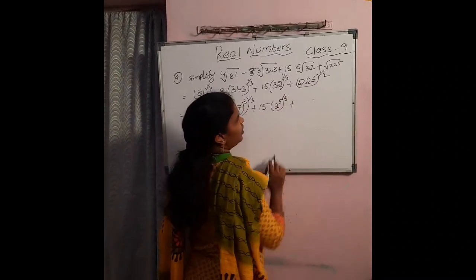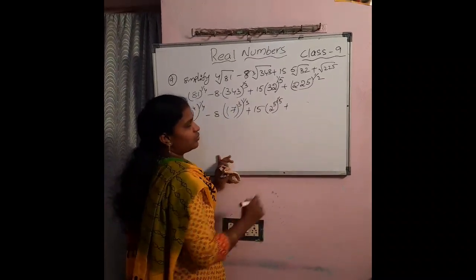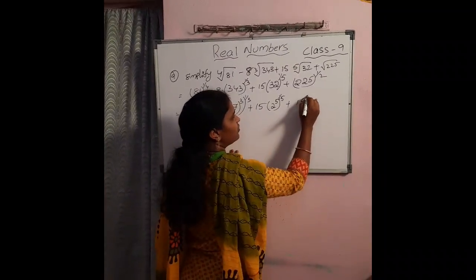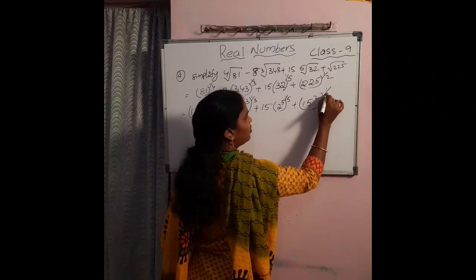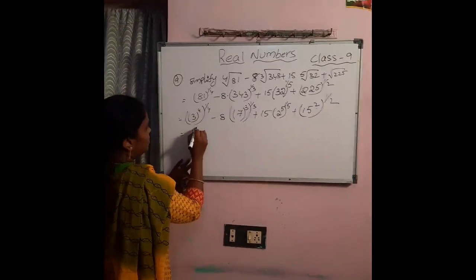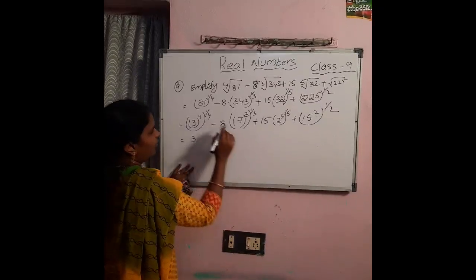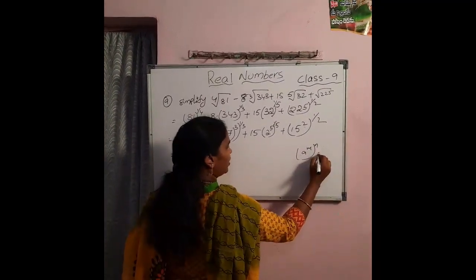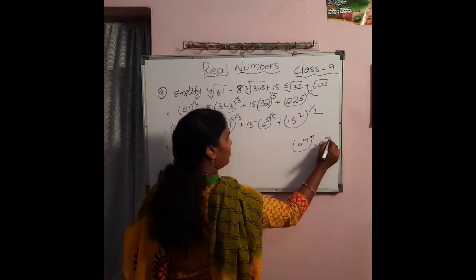Now 225 whole to the power of 1 by 2. In the power of square I have to write. So I can write 15 square whole to the power of 1 by 2. Now (a to the power of m) whole to the power of n can be written as a to the power of mn.